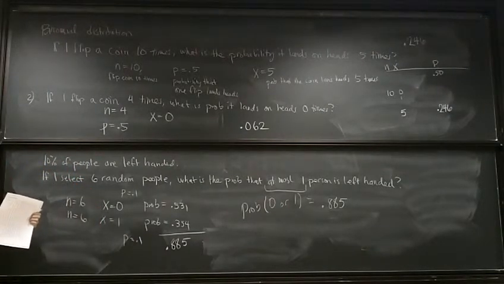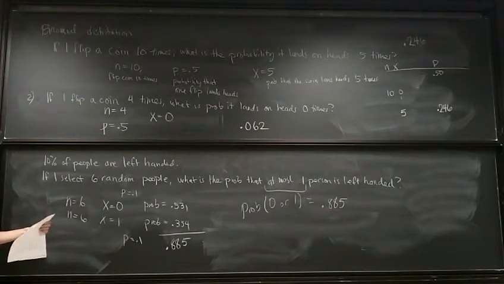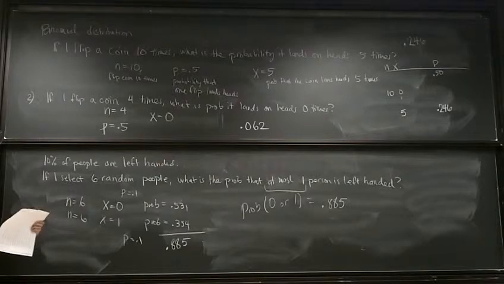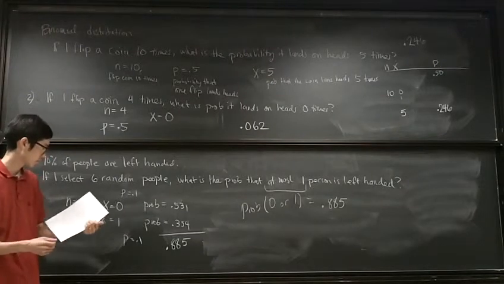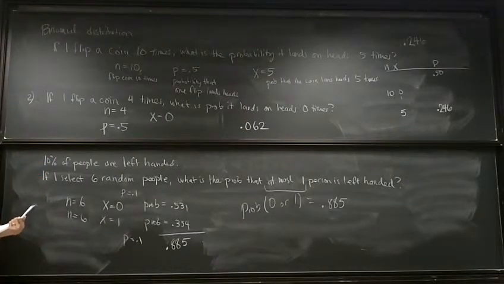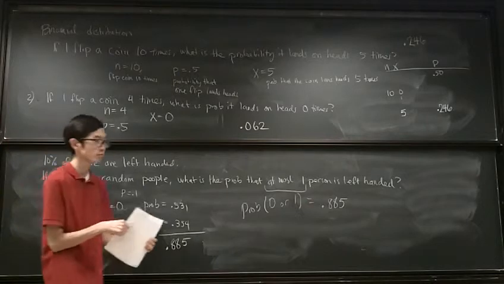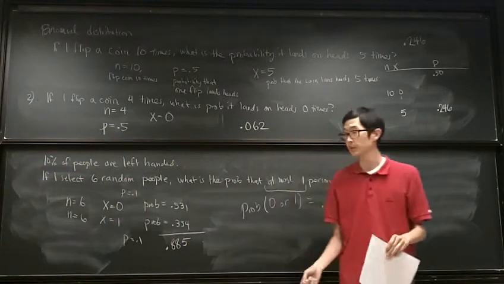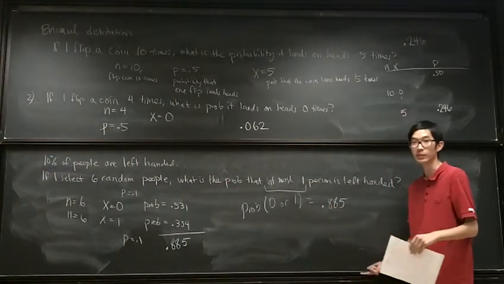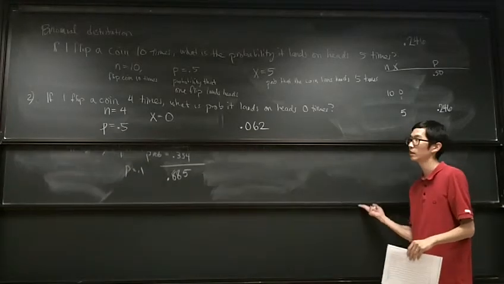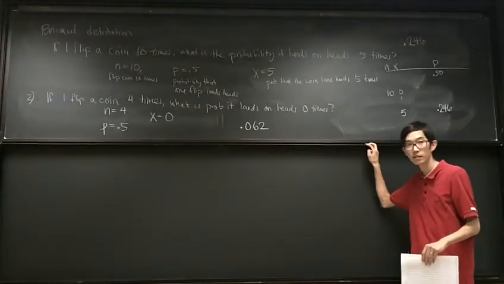So the probability of at most 1 is 0.885. Not 1%: 10% are left-handed. Is that okay?